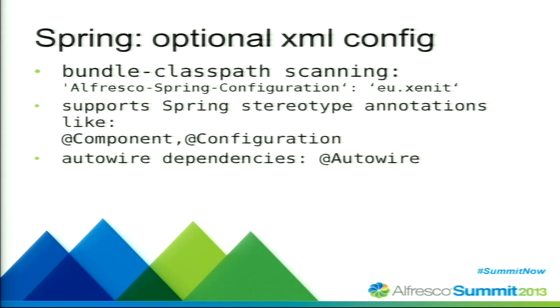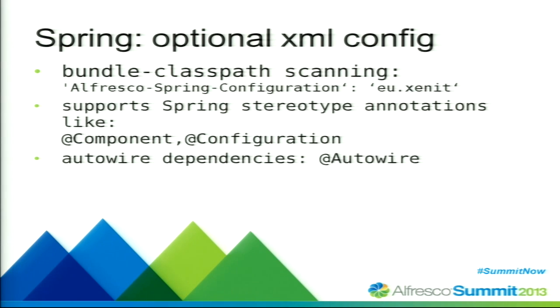Why is this? In normal situations where you have a very large class path, which is not scoped or modular, Spring has to go through the entire class path, all the jar files and all the libraries you're using, just to find class files that might be annotated with Spring component annotations, for instance, or autowired annotations.